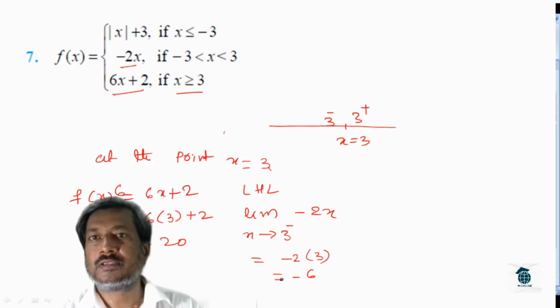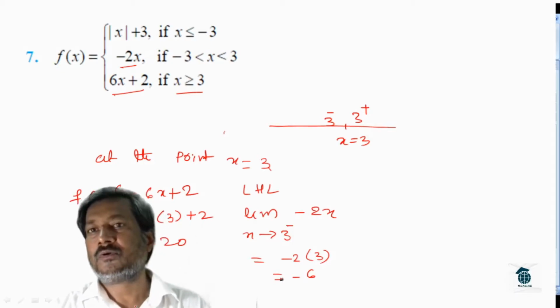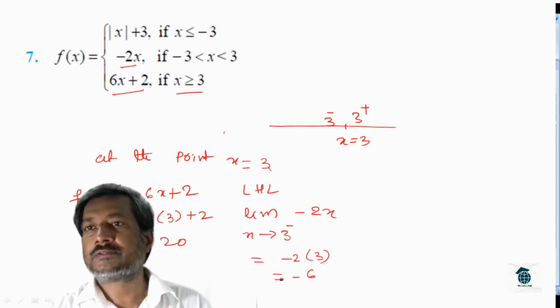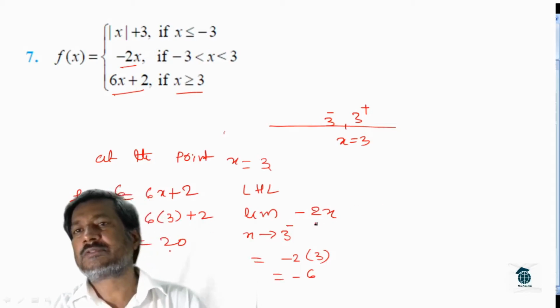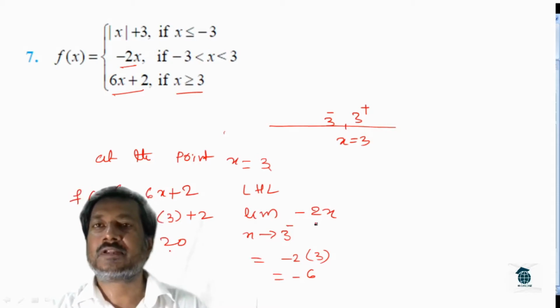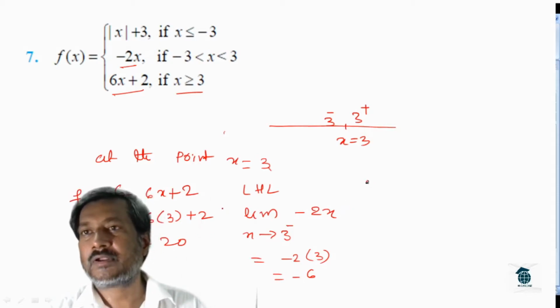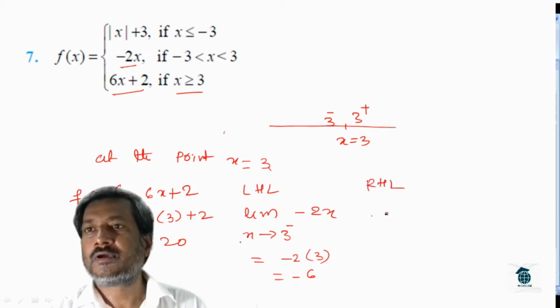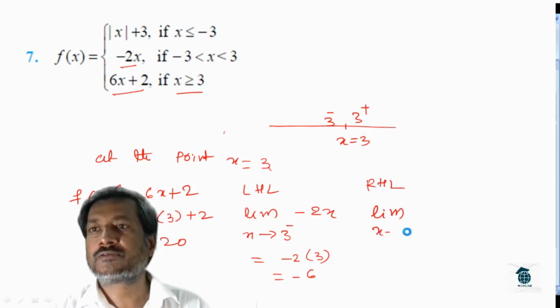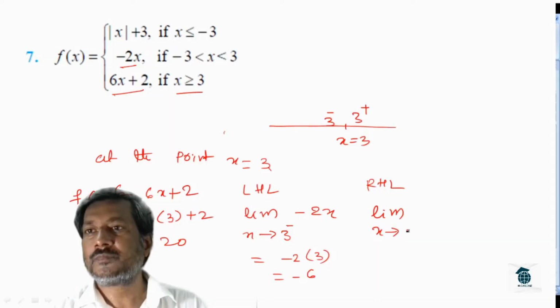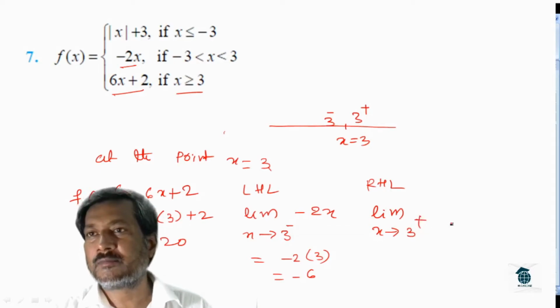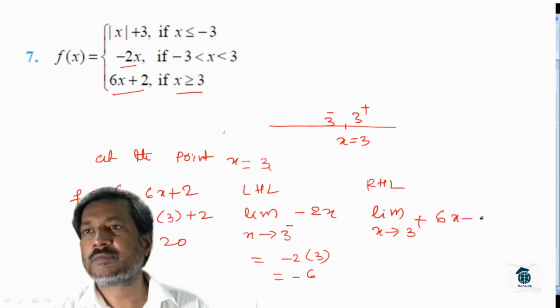Observe here, f of 3 is not equal to LHL. So this much is sufficient to prove the discontinuity of this function. Still, I will write RHL also: limit x tends to 3 plus. Greater than 3 means you have to consider 6x plus 2, so this equals 6 into 3 plus 2, which equals 20.